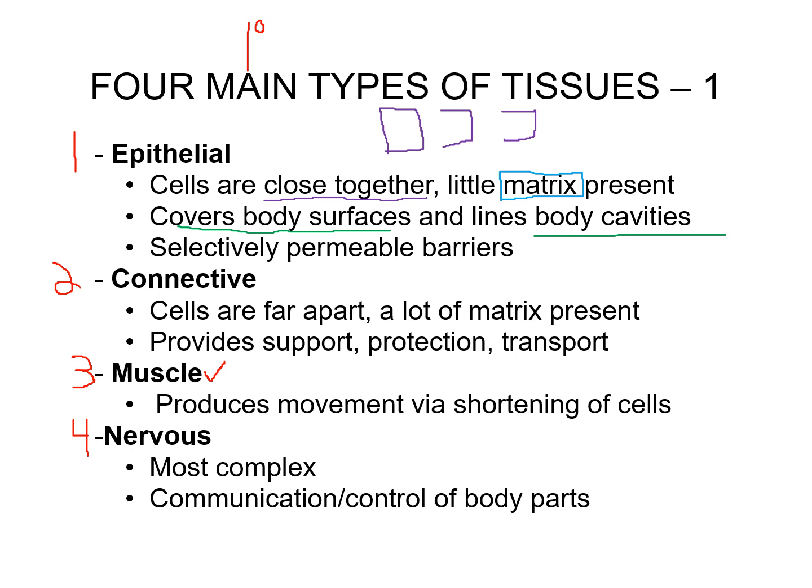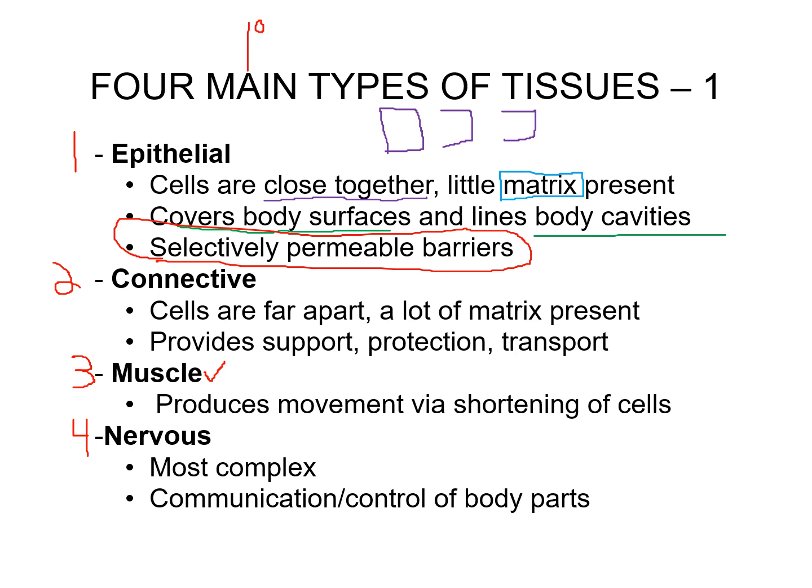So the reason why we have this is to line cavities and kind of close these things off, keep them in their respective compartments. So this should look somewhat familiar from last chapter. We create selectively permeable barriers. So in the case of our gut lining, we don't allow that fecal matter to get out. That is stuck in your colon in a healthy person.